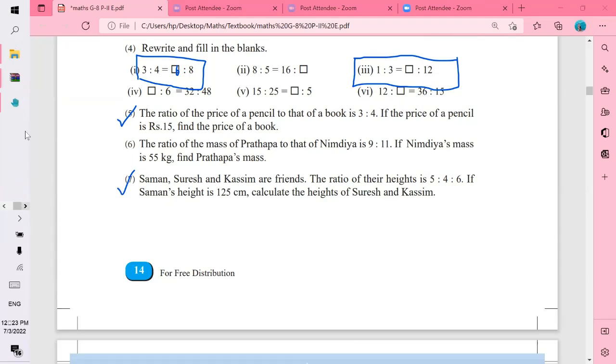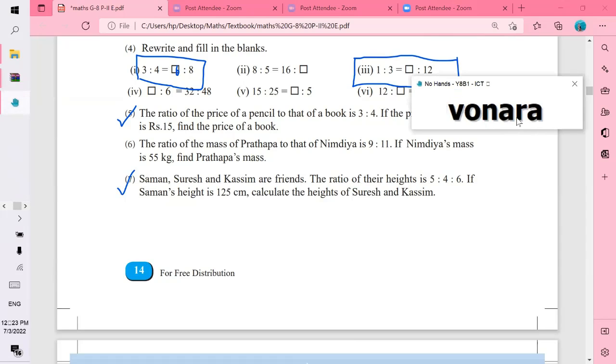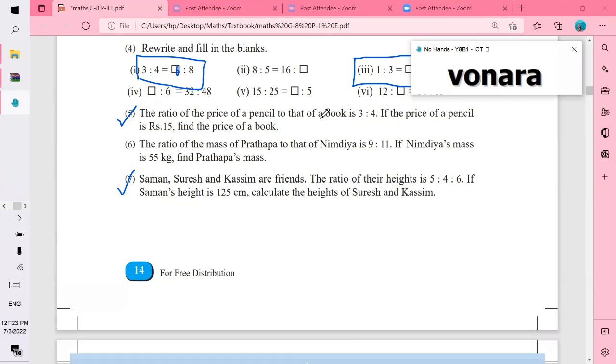This question goes to Wanara. It says the ratio of the price of a pencil to that of a book is 3 to 4. If the price of a pencil is rupees 15, find the price of a book.